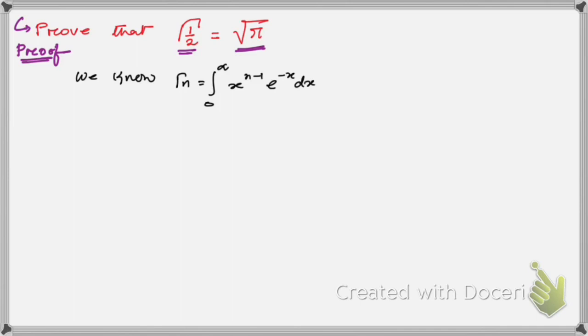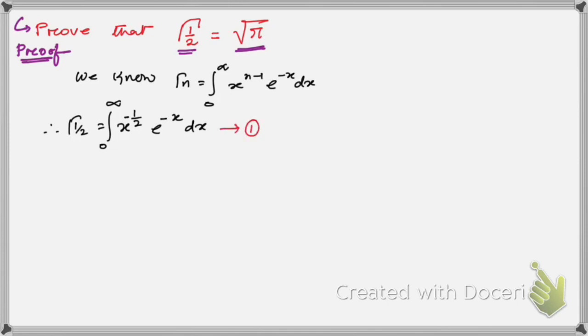Then according to this, gamma half will be equal to integration 0 to infinity, x to the power n is replaced by half, so half minus 1, that's going to be minus half, and e to the power minus x, let us keep as it is, dx. So now this is equation number 1.